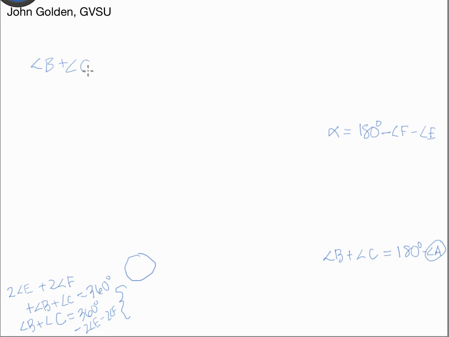Angle B plus angle C is equal to 360 degrees minus 2 angle E minus 2 angle F. Oh, look at this connection. This side is exactly double that side.